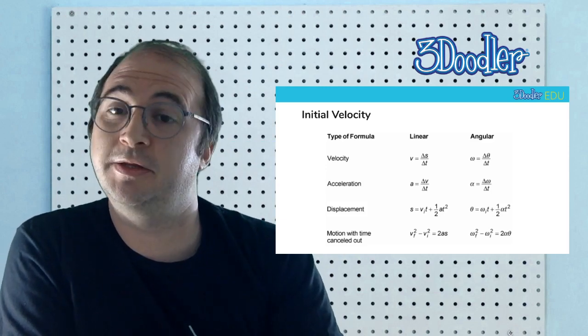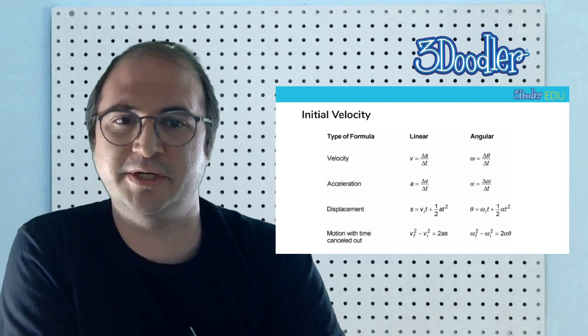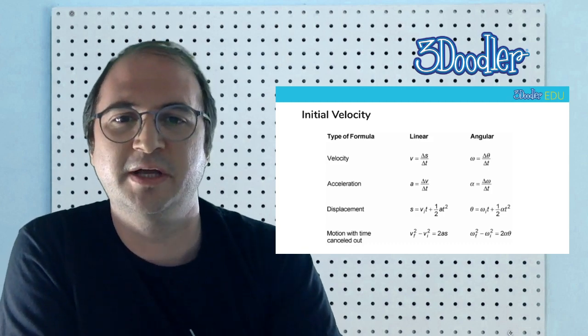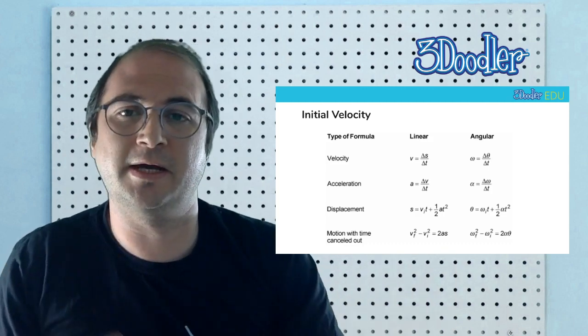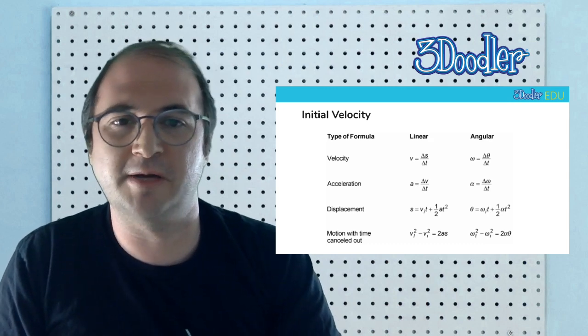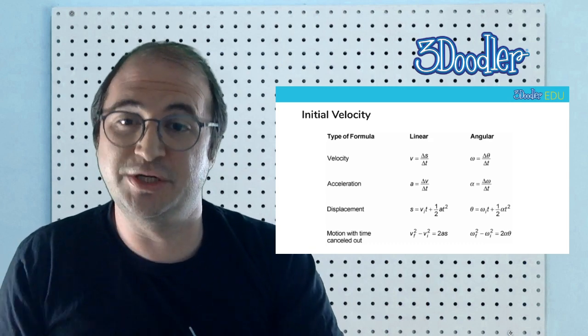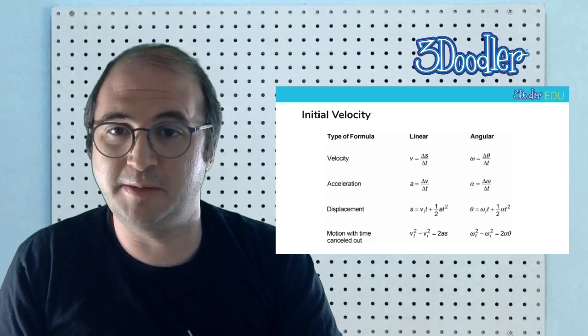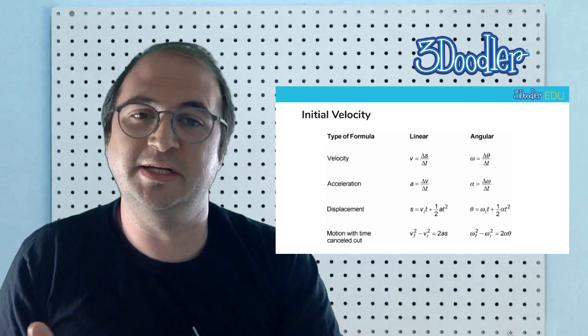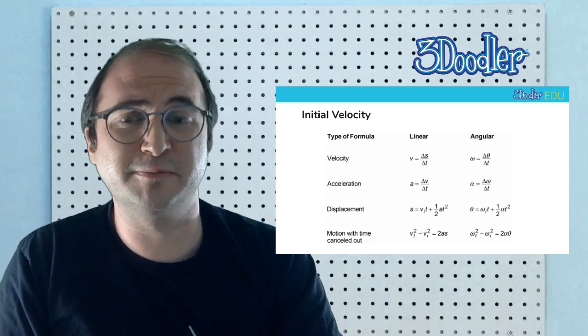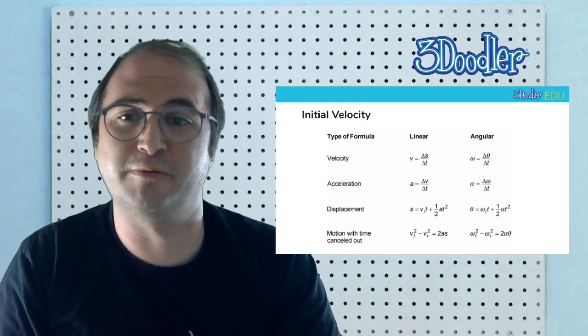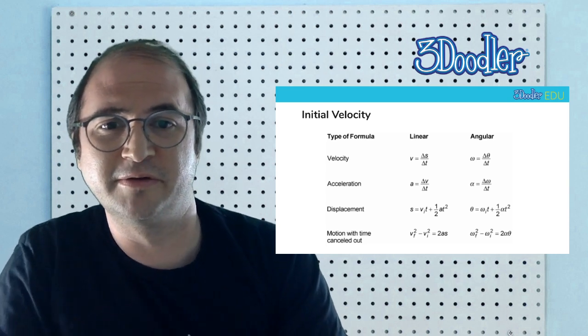Acceleration is the change in velocity over time, same with angular acceleration. And then displacement, the distance that the object traveled as a result of coming out of the catapult, is the initial velocity multiplied by the time, plus 1/2 at squared. There's lots of ways of proving this, but they all derive from some of the fundamentals.